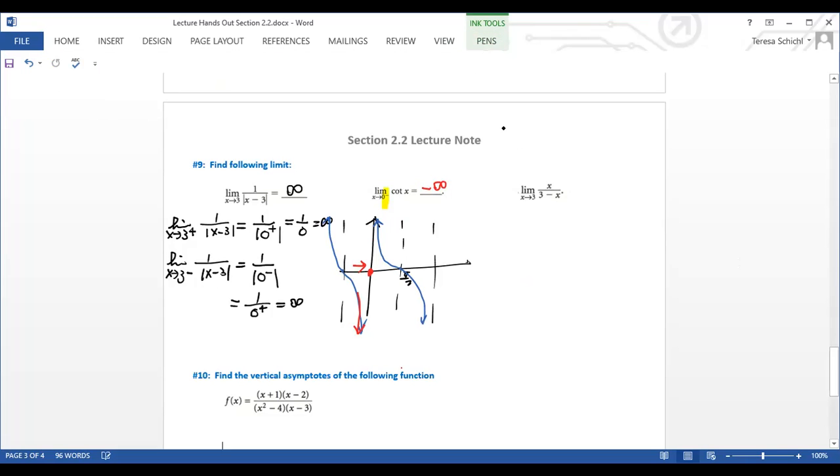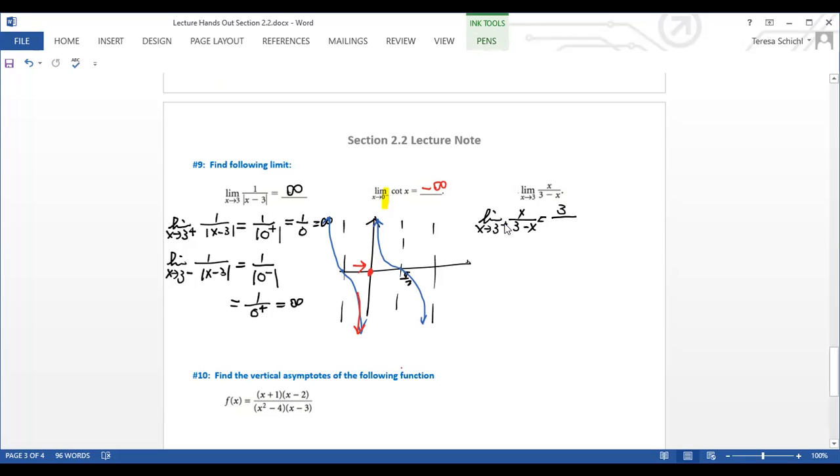Okay, so now let's take a look at this one here. It's interesting. x approaches 3. So let's say here, limit as x approaches 3 from the right-hand side. Let's take a look. What is this one? So approaching 3 from the right-hand side, the top approaches 3. That means the bottom here is 3 minus x. x approaches 3 from the right-hand side.